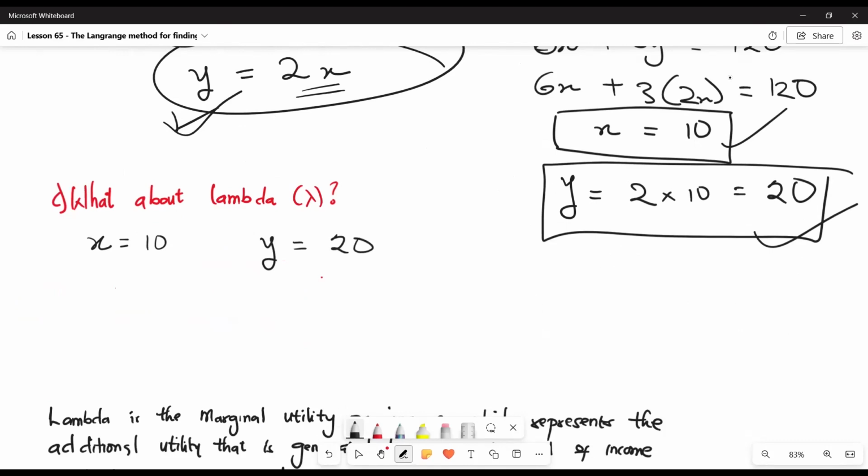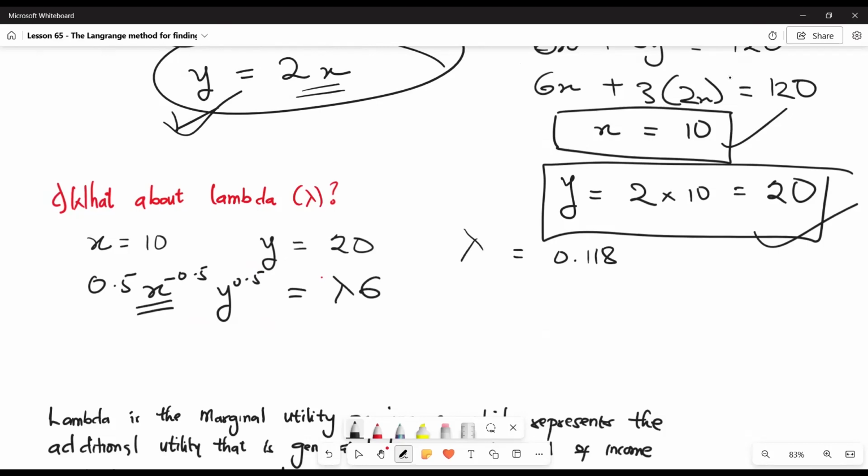Now, if we substitute these two quantities into either equation 4 or 5, we are going to obtain lambda being equal to 0.118. Now, to see this, let's use equation 4. So equation 4 above is 0.5x^-0.5 y^0.5, which is equal to 6λ.